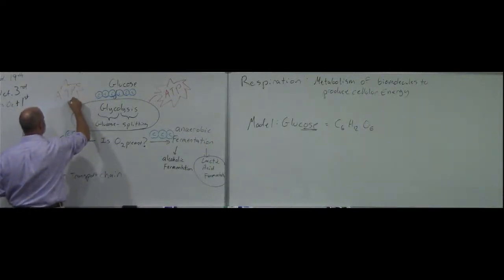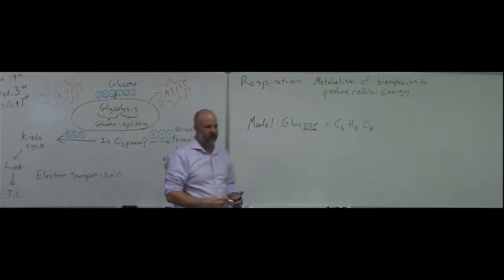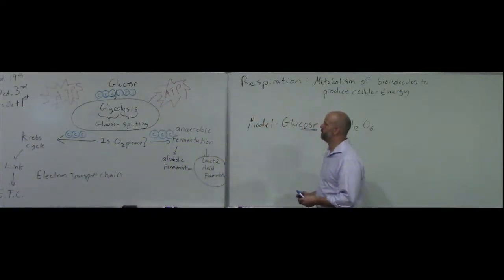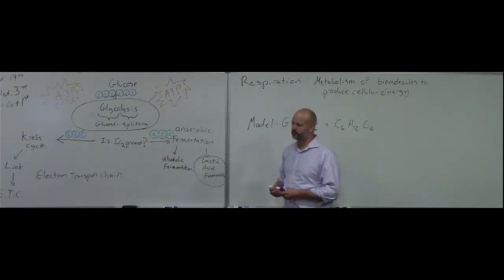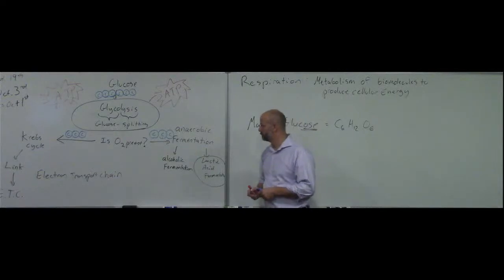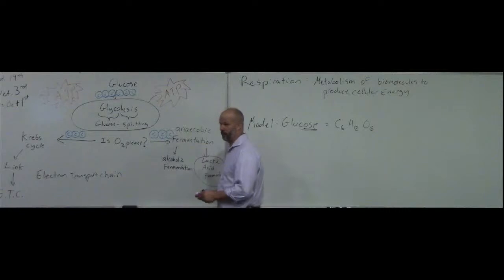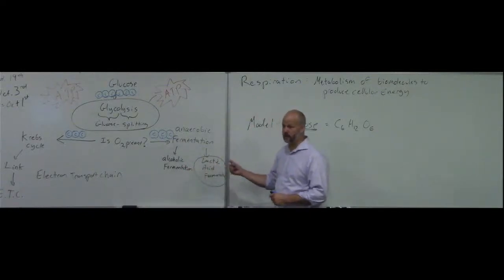Why do I draw ATP like this? Because everyone draws ATP like this. So I do it too. You know what happens over here with ATP? You know how many more ATP you get out of this?